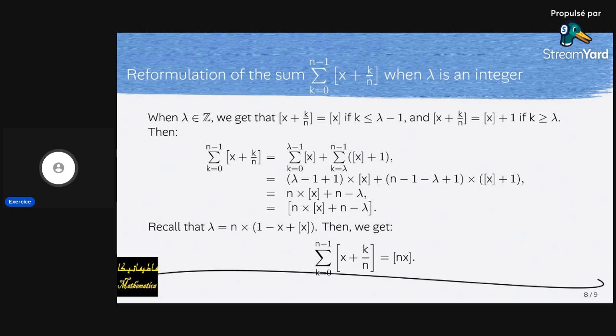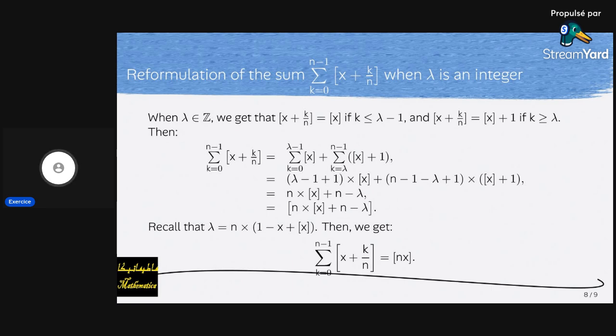Now we will show the other case, when lambda is an integer. Here we get the integer part of x plus k over n is equal to the integer part of x if k is less than or equal to lambda minus 1. Recall that lambda is an integer in this case.